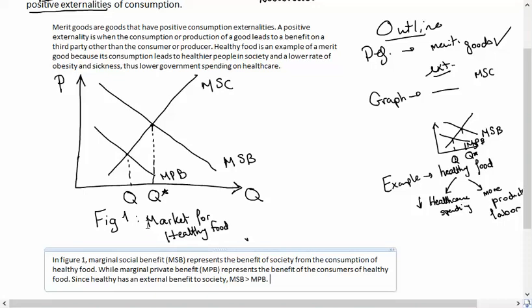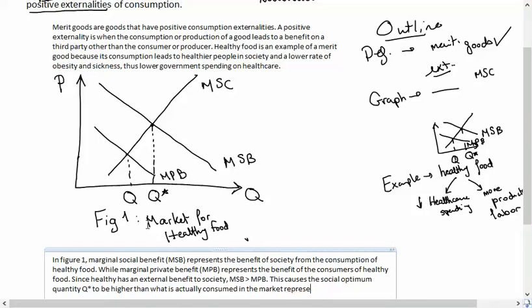Okay, so this causes the social optimum quantity Q star to be higher than what is actually consumed in the market.